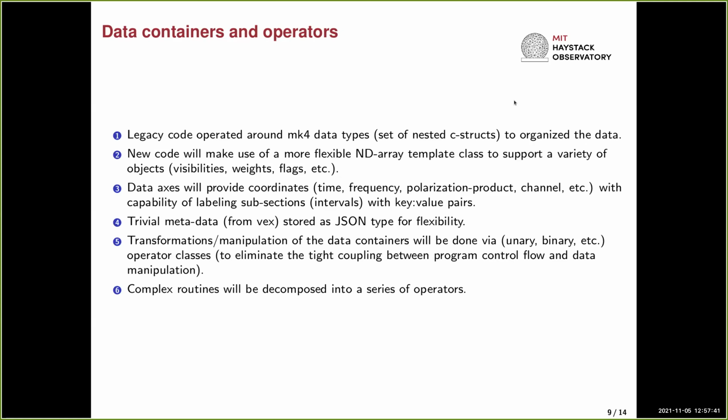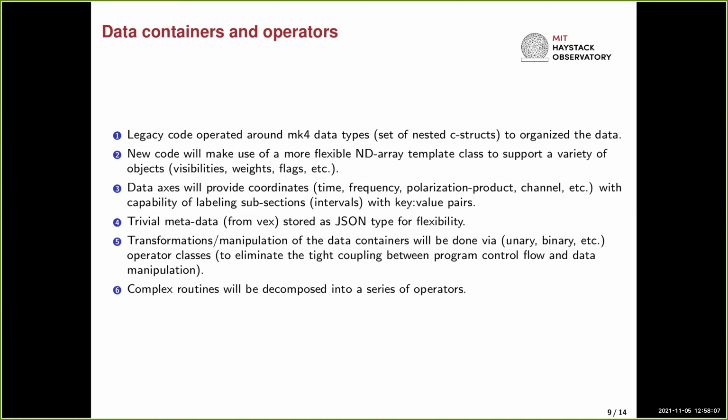The legacy code really operated very heavily with these Mark IV data types to organize the data. And we are now moving to a more flexible n-dimensional template class that will support a variety of objects. So that would be the visibilities, the data weights, flagging tables, et cetera. All of those n-dimensional arrays will have coordinate axes that will label what the time, frequency, polarization product, and channel are, and so on.